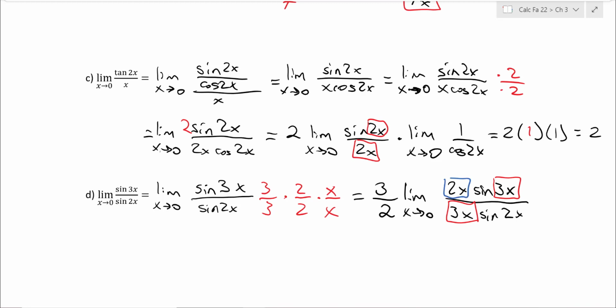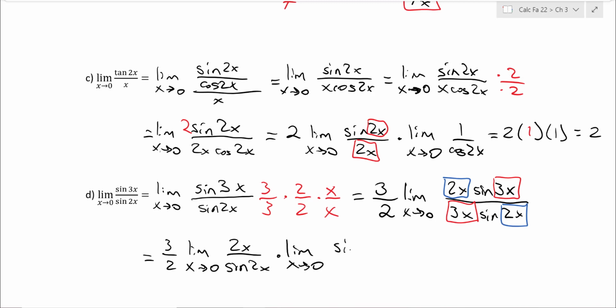All right, and then we can see that 3x over 3x is there. We've also got a 2x over the sine 2x. And again, we talked about how that limit works both ways, right? The 2x on top, sine 2x on the bottom, or sine 3x on top, 3x on the bottom. So we can split it into pieces. You don't have to. You can see both of those would go to 1, but we can write it out as a limit as x approaches 0 of 2x over sine 2x times the limit as x approaches 0 of sine 3x over 3x.